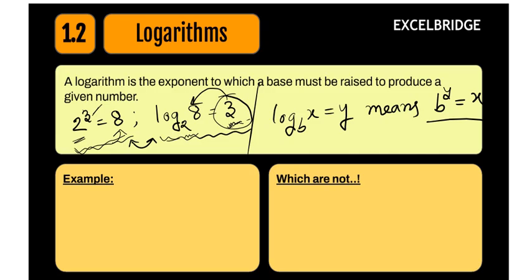Here b is the base, x is the result of the logarithm, the logarithmic value, and y is the exponent you need to raise b to get x. Okay, fine.